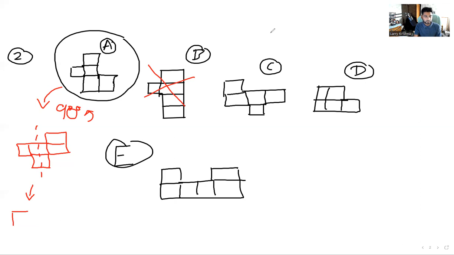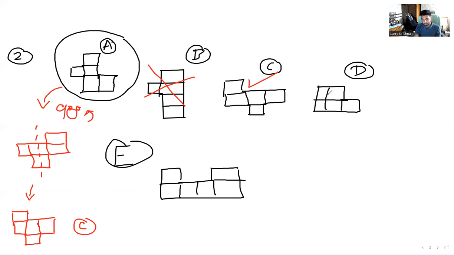I need to undo that. Okay. So we'll get this, which is basically the same shape as C, if that makes sense. So C, that means this one is correct.